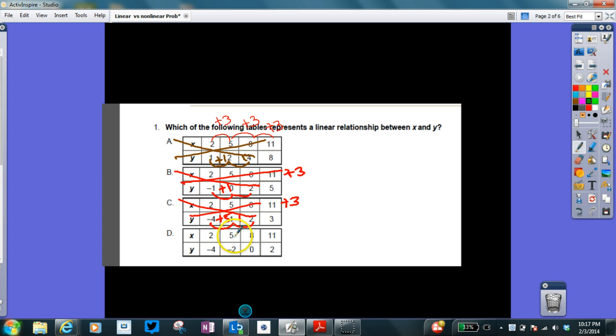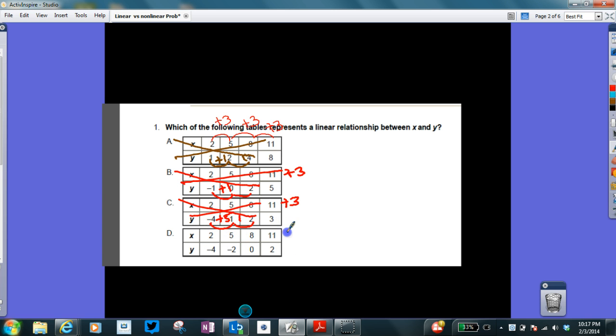But let's go ahead and look at D just to prove our point. 2 to 5, 5 to 8, 8 to 11, and that stayed the same. Now let's look at our output. You've got negative 4 to negative 2, I have plus 2 there. Negative 2 to 0, my rate of change again plus 2. And 0 to 2, it stayed the same.